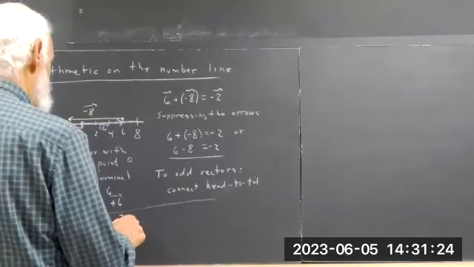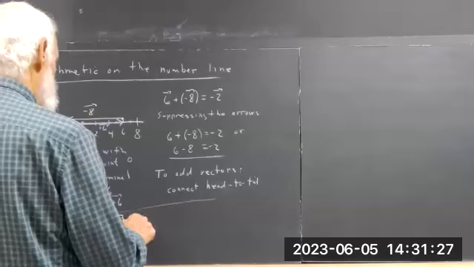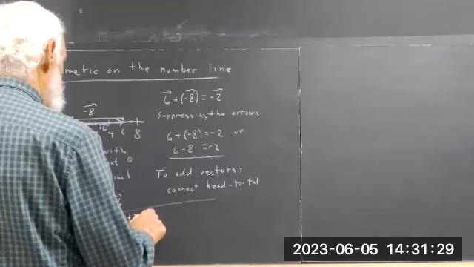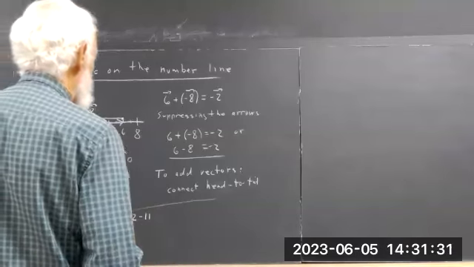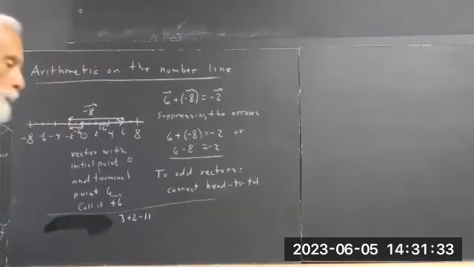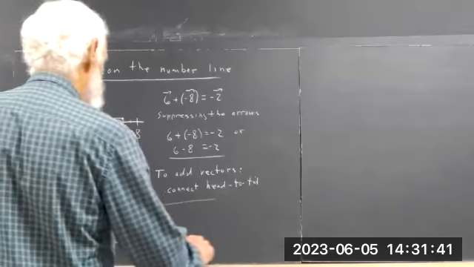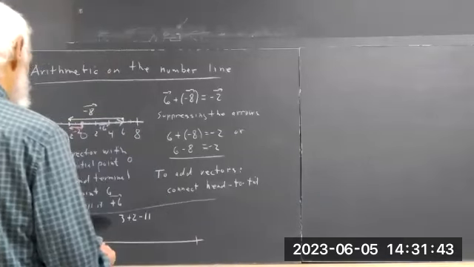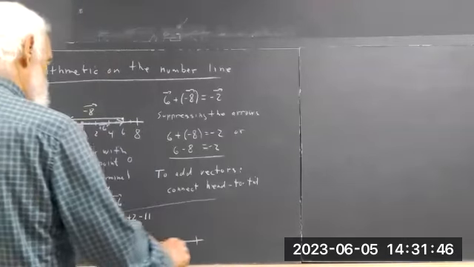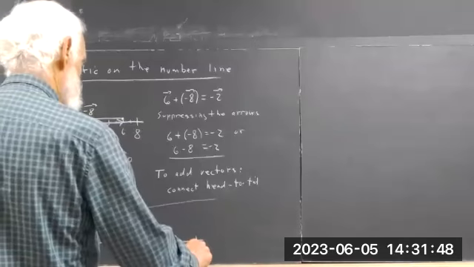Let's do 3 plus 2 minus 11. See if you can draw that out. Sketch yourself. Interval from -8 to 8.